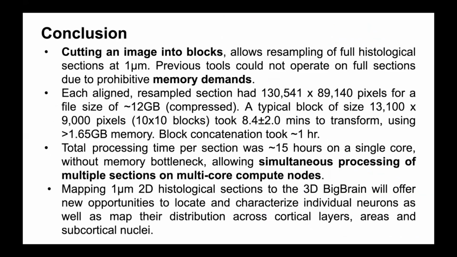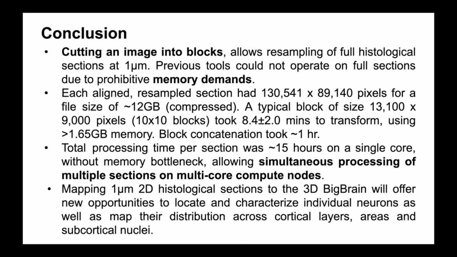As a conclusion, I can say that cutting an image into blocks allows resampling of full histological sections at 1 micron. Previous tools could not operate on full sections due to prohibitive memory demands. By blocking each slice 10 by 10, it takes almost 8 minutes to transform, which uses almost 1.5 gigabytes of memory, which is affordable.